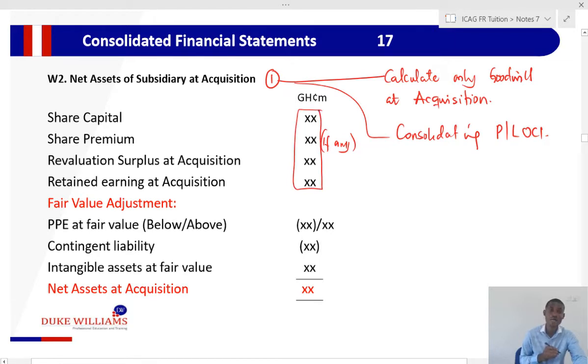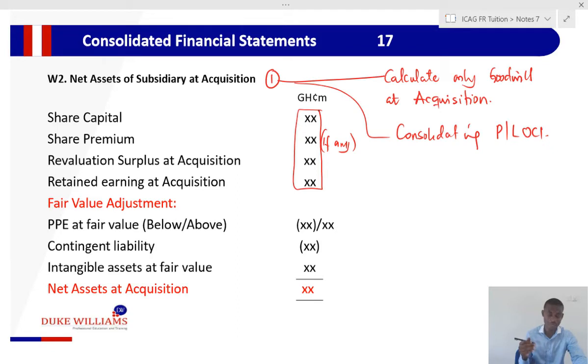Then we look at fair value adjustment. IFRS 3 says that there should be fair value adjustment for assets and liabilities at acquisition, including intangible assets which were not previously recognized, and also contingent liabilities which were previously not recognized by the subsidiary.